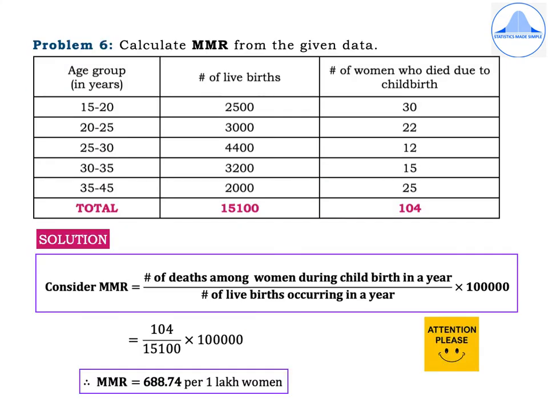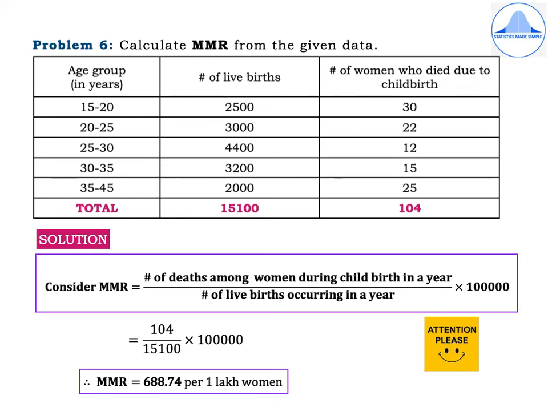Problem 6. Calculate MMR from the given data. We have age group in years 15 to 20, 20 to 25, 25 to 30, 30 to 35, 35 to 45. And the number of live births are 2,500, 3,000, 4,400, 3,200, 2,000.